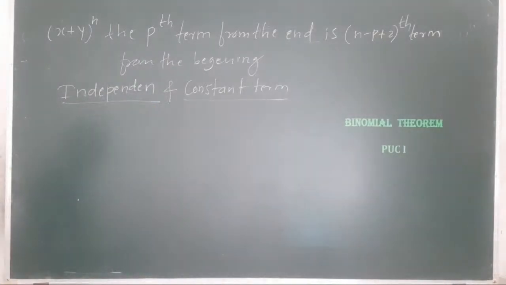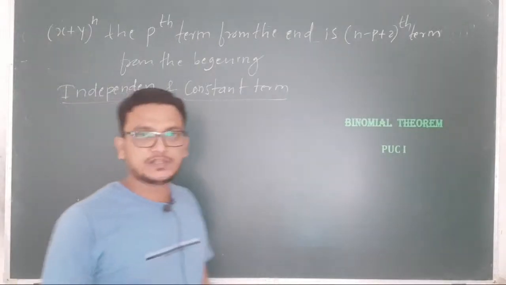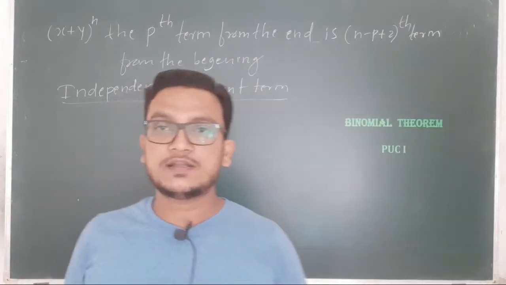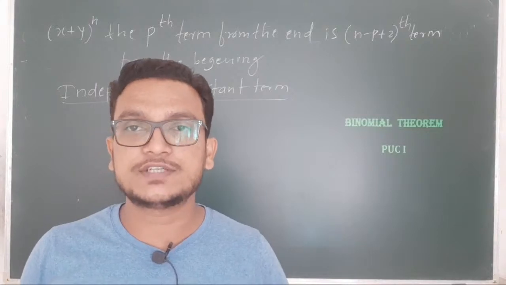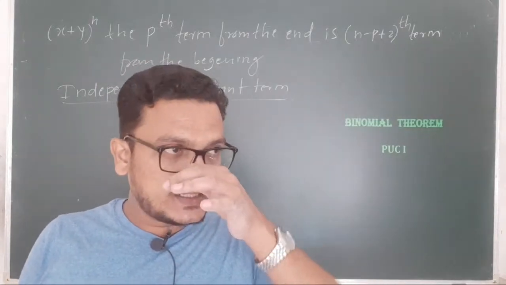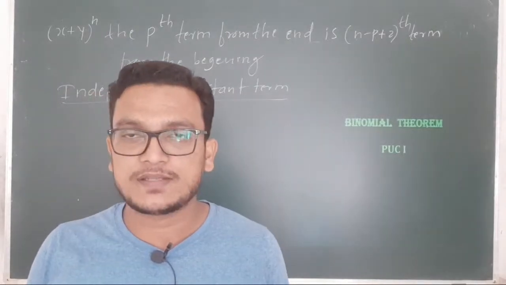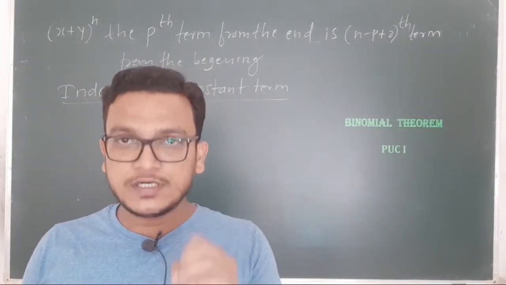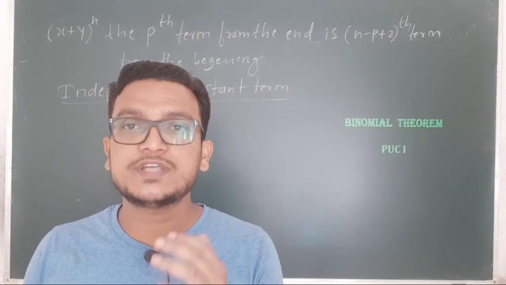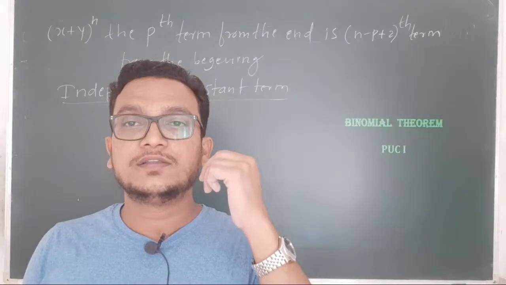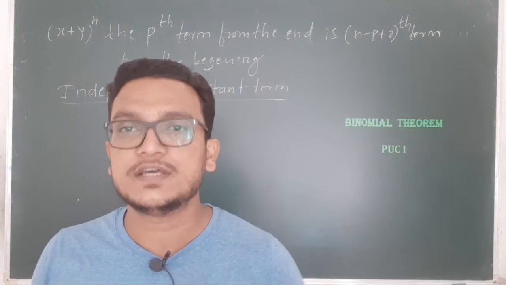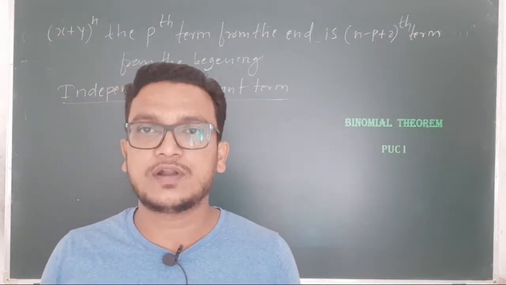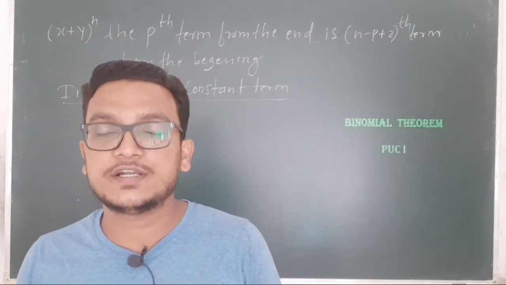So in the binomial expansion, what are the independent and constant terms? The term whose variable exponent is 0 is called the independent term or constant term.